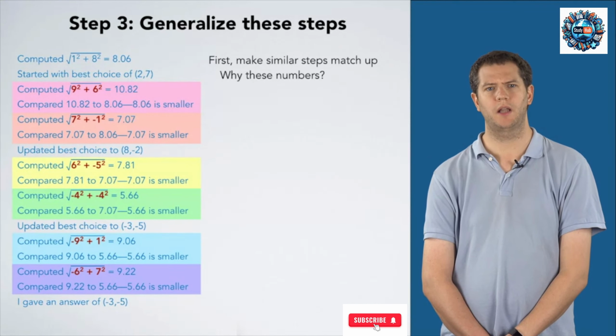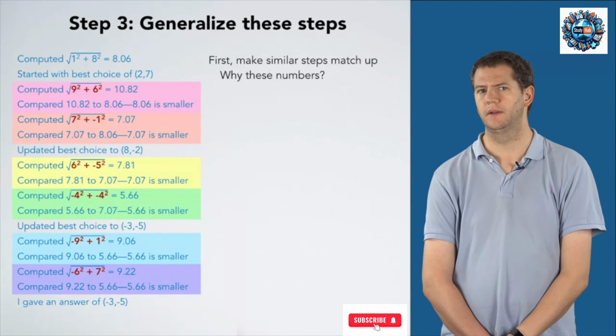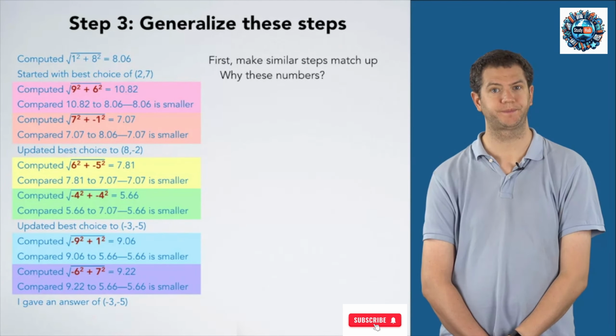Why are we computing 9 squared plus 6 squared here, 7 squared plus -1 squared next, and so on?